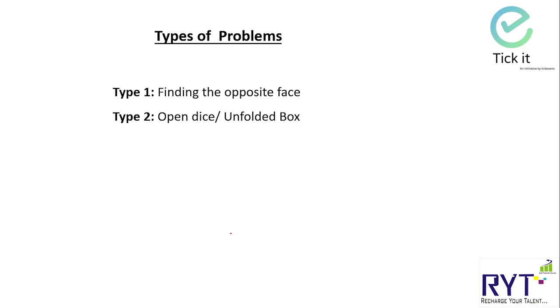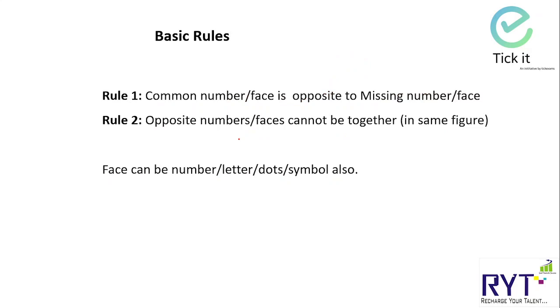In cubes and dice, the types of problems are about finding the opposite face: which is opposite to number 1, which is opposite to number 2, and so on. These are the basic types of problems. One more type is where they give an open dice and ask what the correct option will be when this dice is closed. Let us understand when we solve the questions.